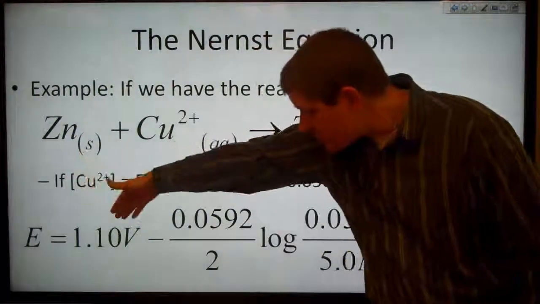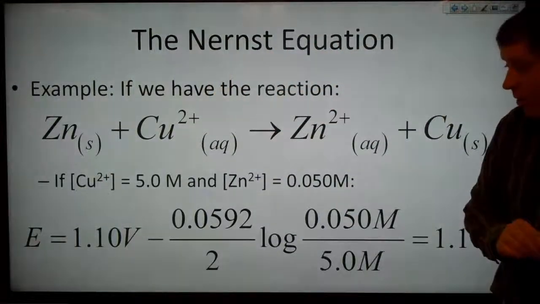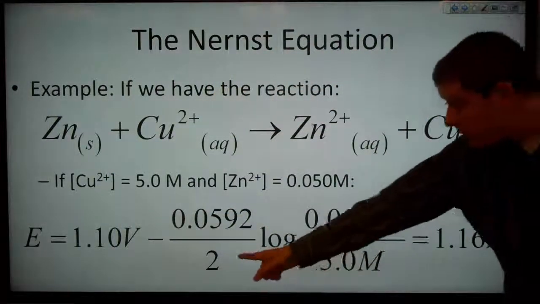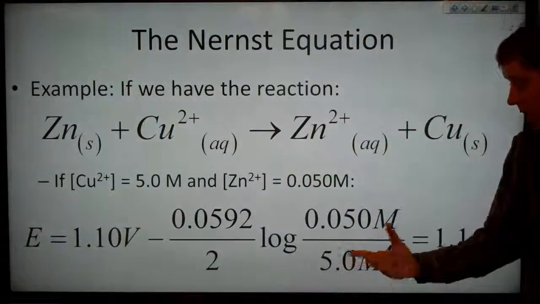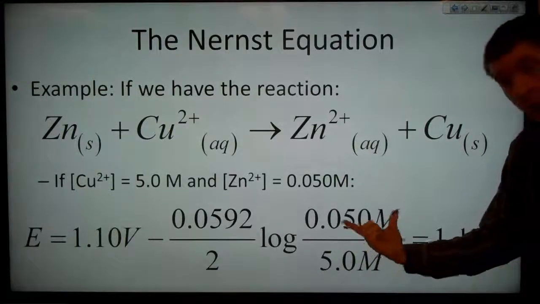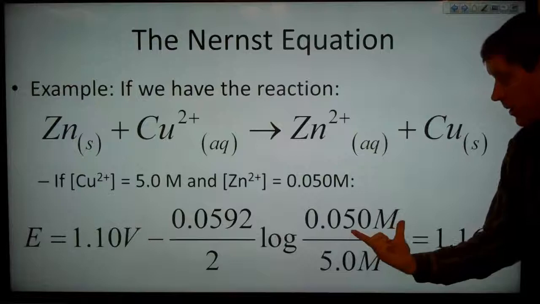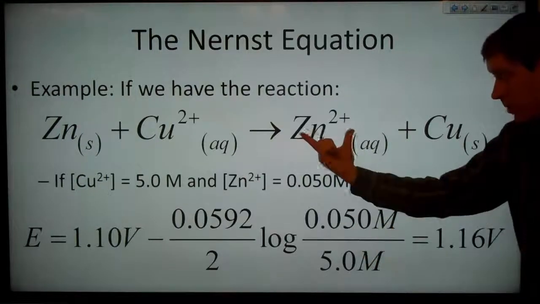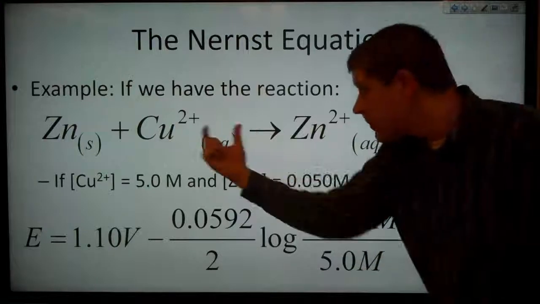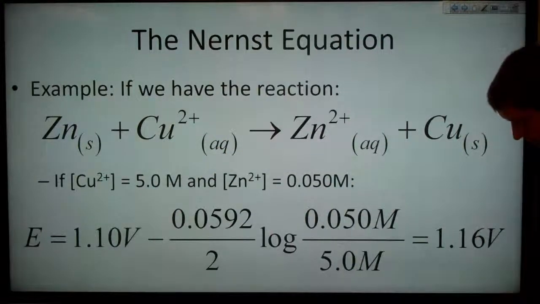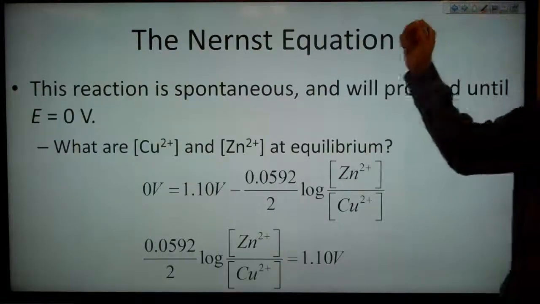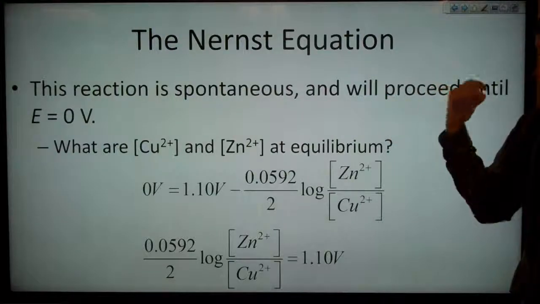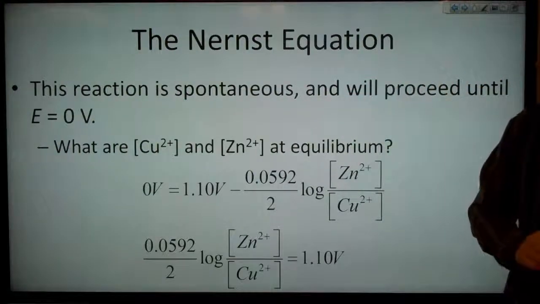So our cell potential is equal to our standard cell potential, positive 1.10 volts, minus 0.0592 over 2, because we have 2 electrons being transferred from the zinc to the copper, times log of Q. Q, remember, was our reaction quotient, so we have our products over reactants, and that then is positive 1.16 volts. So that reaction is spontaneous, and it will proceed until E, our cell potential, is equal to 0.